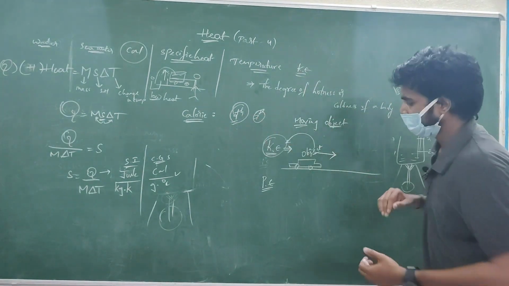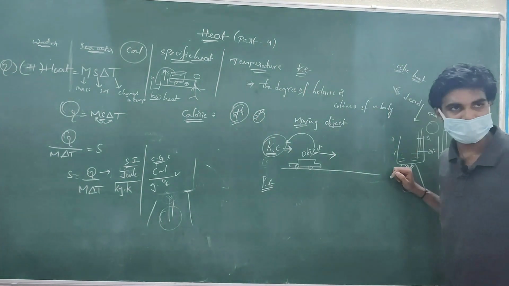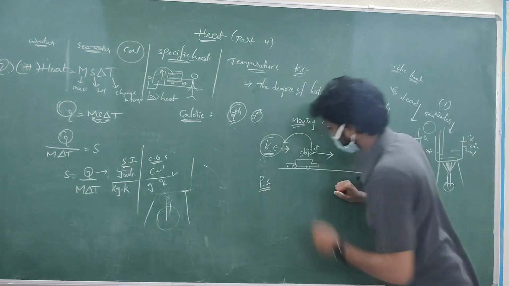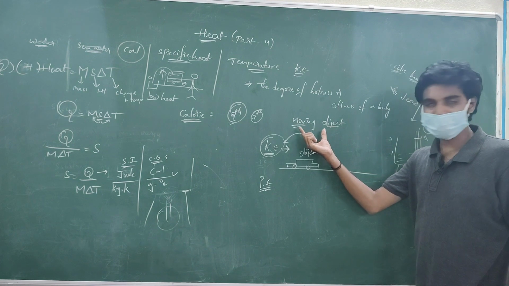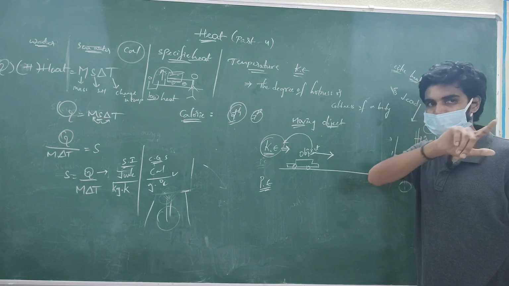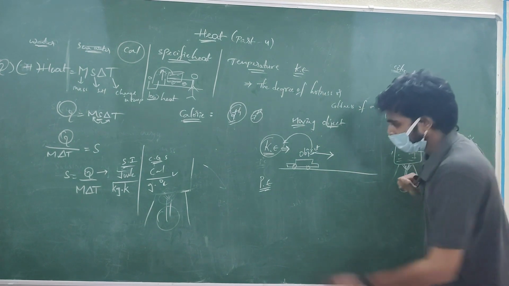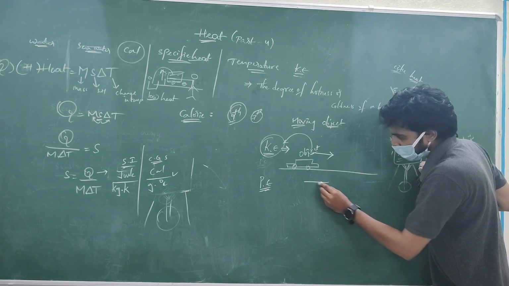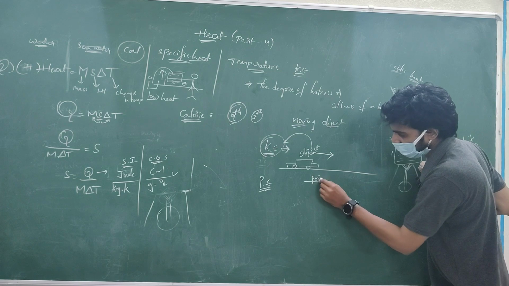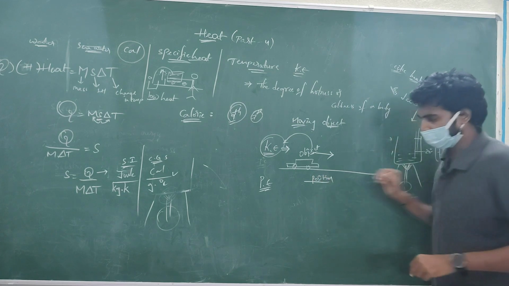Kinetic energy, right? Now coming to potential energy, kinetic energy means if an object is in motion, it possesses an energy. Potential energy depends on position. It depends on the position.